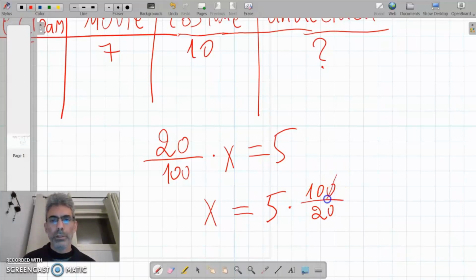We can simplify this to 10 over 2. We can further simplify this. Divide the denominator by 2 and the numerator by 2, so we get 5 times 5, which is 25.